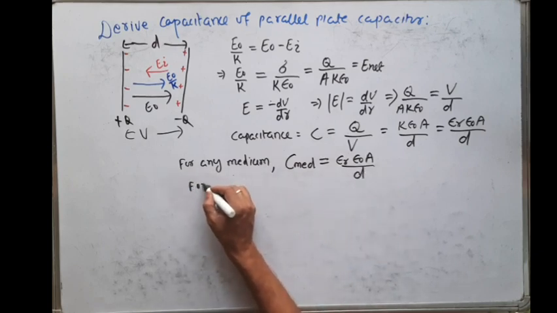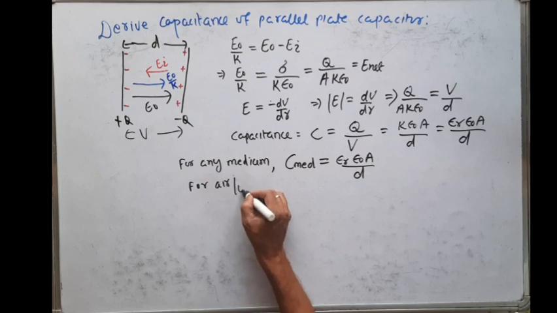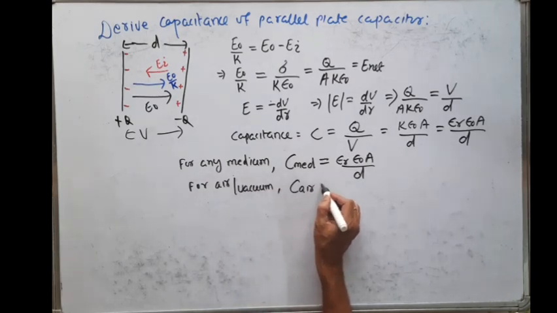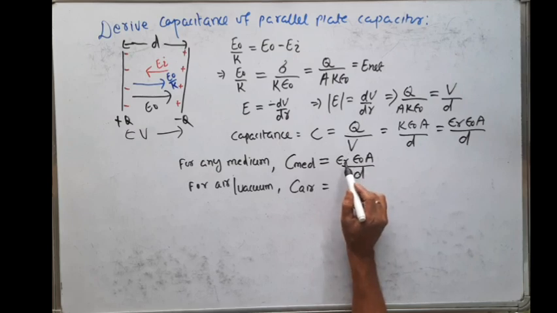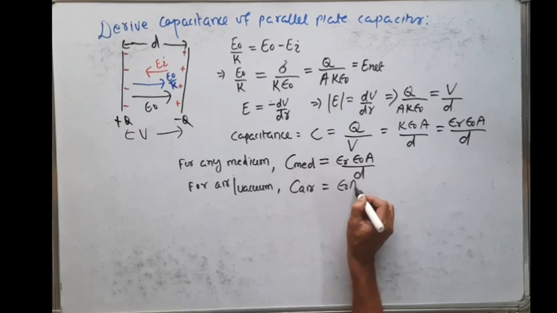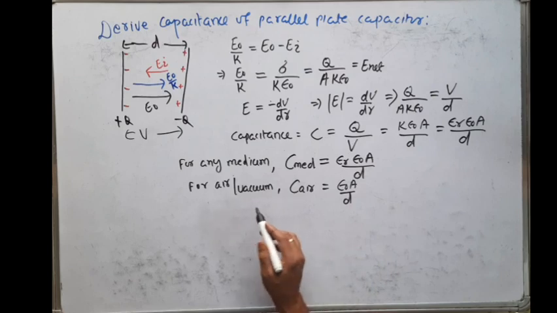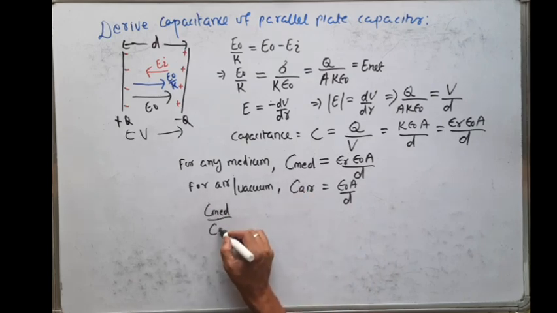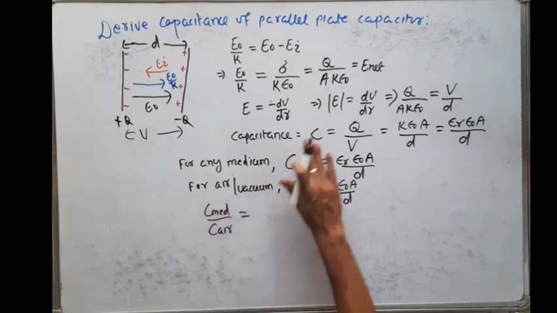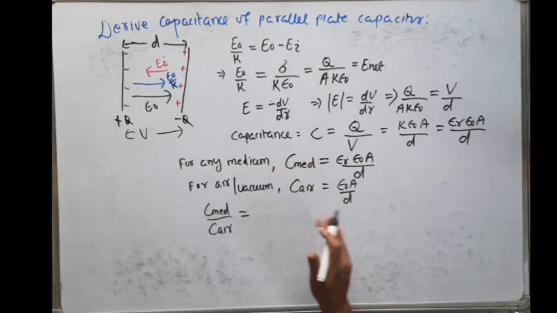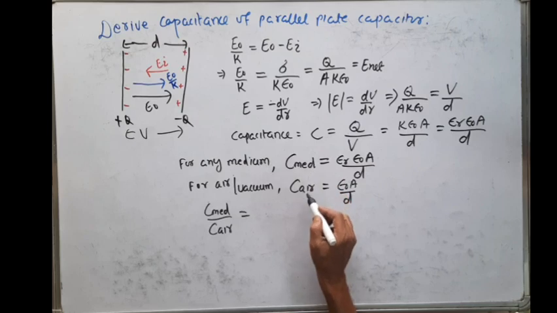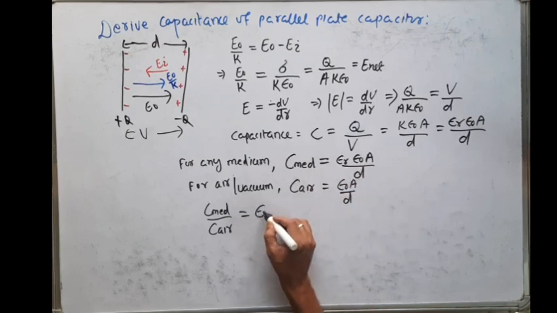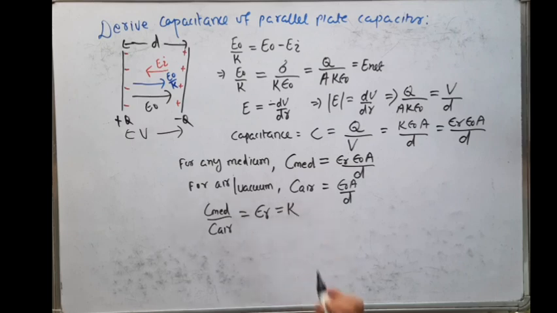And for only air or vacuum, epsilon R is equal to 1, so it is epsilon naught A by d. So we can find the capacitance in any medium divided by the capacitance in air medium, keeping all the dimensions the same. Just divide this by this, everything will cancel. So it is epsilon R, or you can say the dielectric constant.